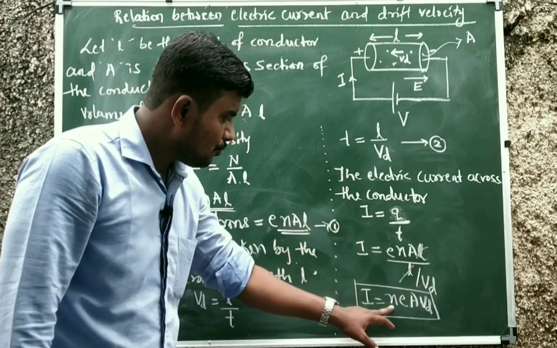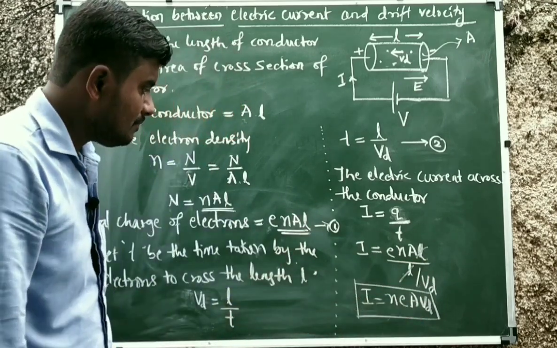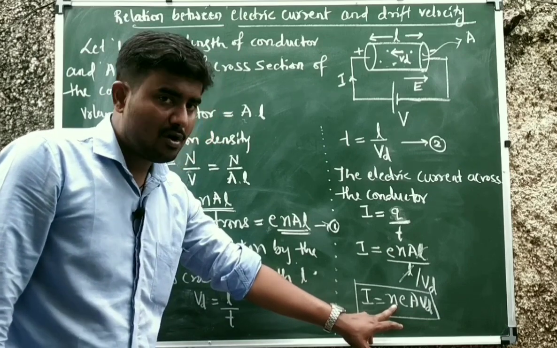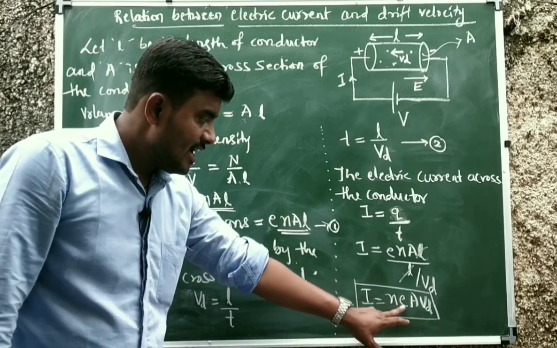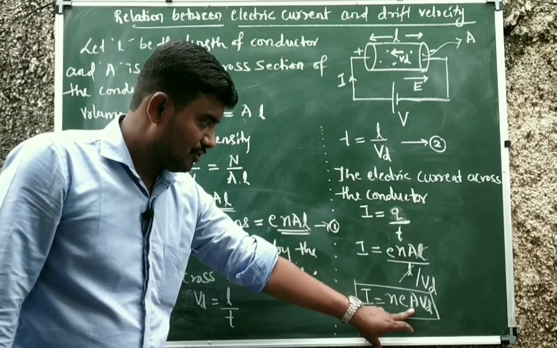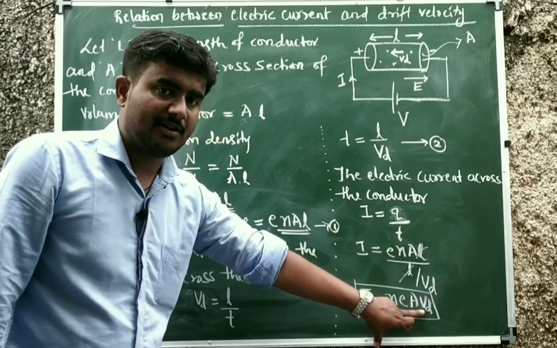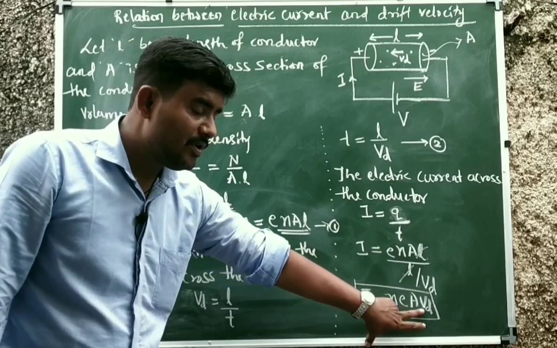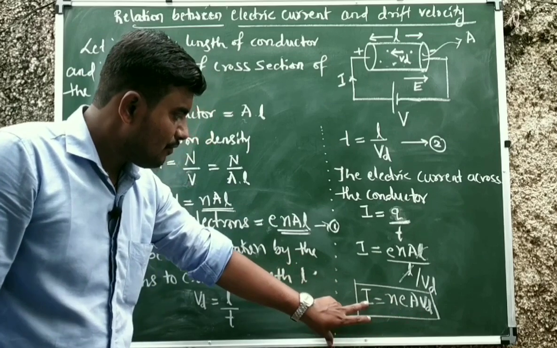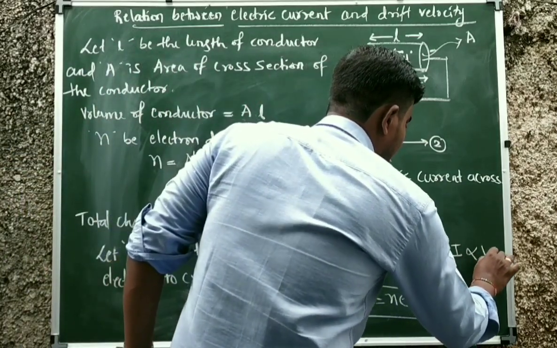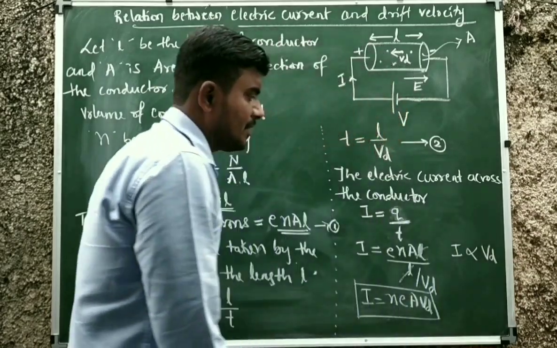Therefore, I is equal to n e A Vd, where n is the number of free electrons per unit volume or electron density, e is the charge of electron, A is the area of cross section of the conductor, and Vd is drift velocity. Here n, e, A are constant, whereas Vd is variable. Therefore, I is directly proportional to Vd.